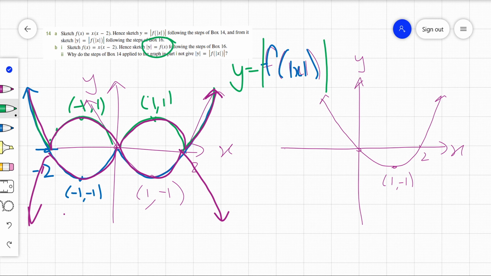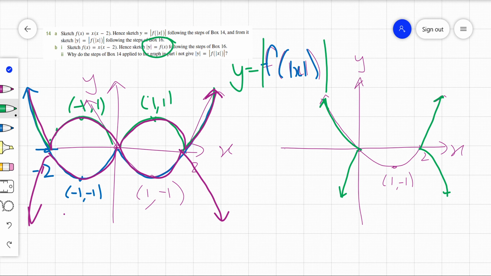To do this we need to get rid of any negative parts. So I'm only going to have these two parts because the other part's under the x-axis, and then we're going to reflect those parts. I'll try my hardest, but again I don't know why I struggle with these. So it's going to have kind of two army bits there.